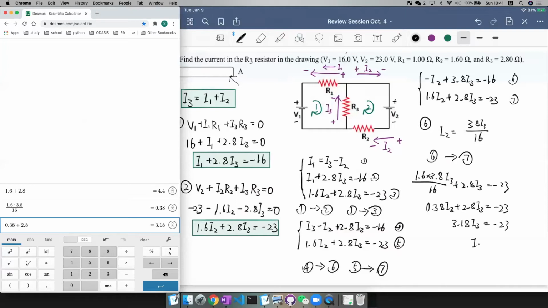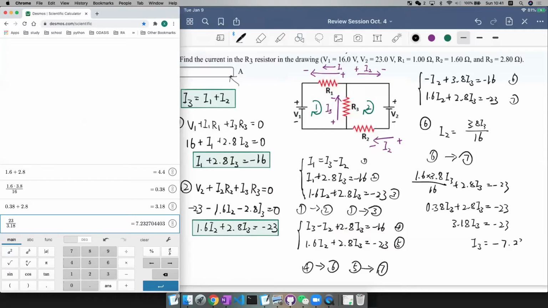All right, final step, we finally have the answer is, okay. This is my final answer. Since it's negative, we know our guess is wrong.